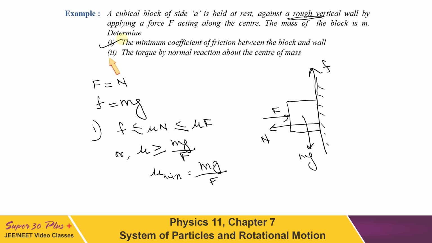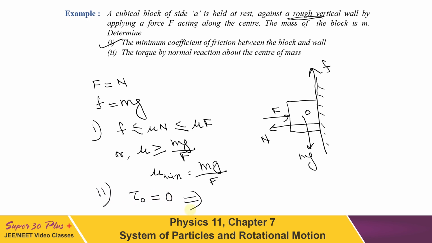Next it is asking for the torque by the normal reaction about the center of mass. For this we have to calculate all the torques about the center of mass, and since it is not in rotation, it has to be equal to 0. Now let us consider this point being O. For the second part, the net torque about O has to be equal to 0.